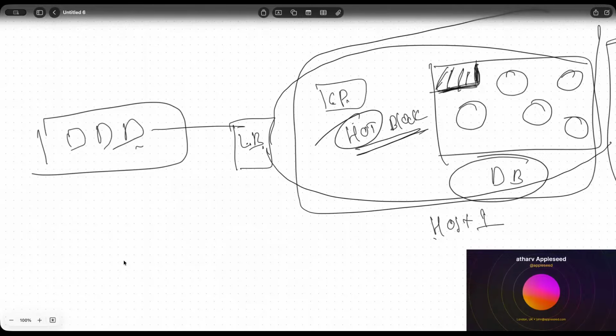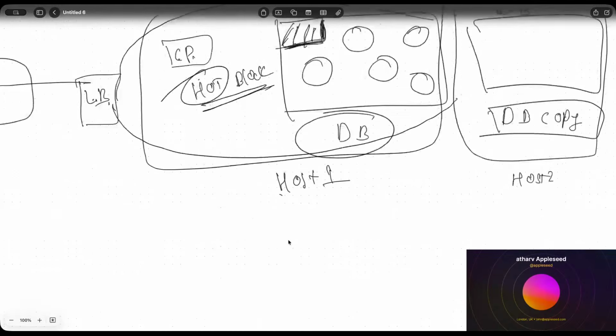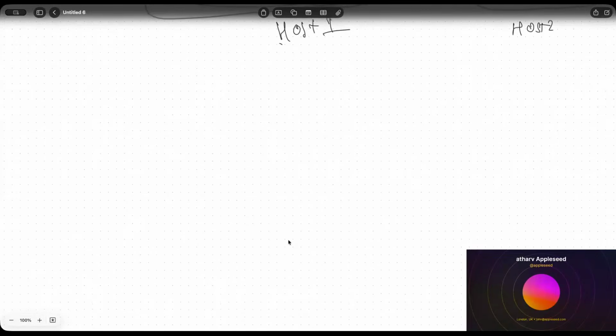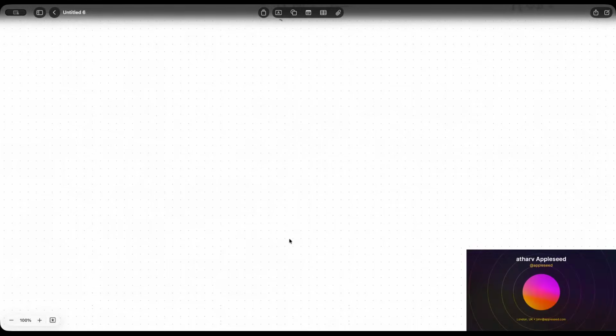So what about writes? How will db copy be in sync with our original database? This is also a very interesting problem that has already been solved.